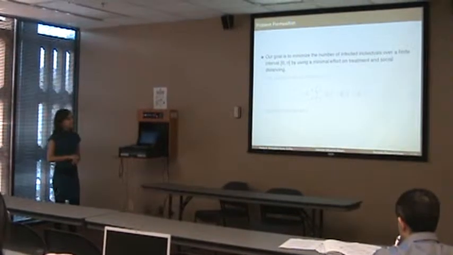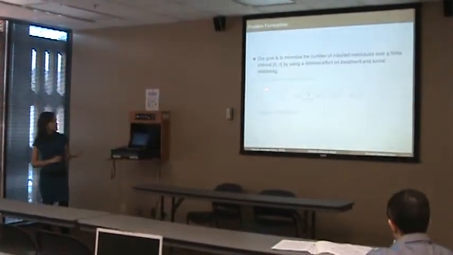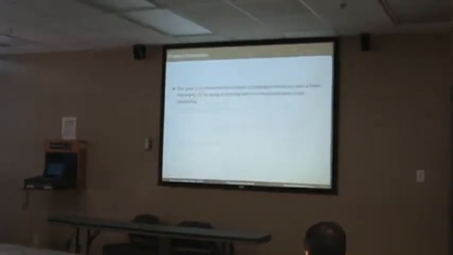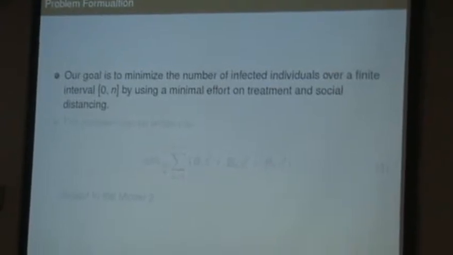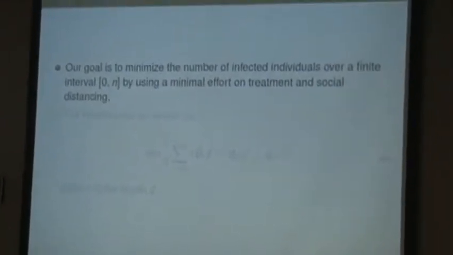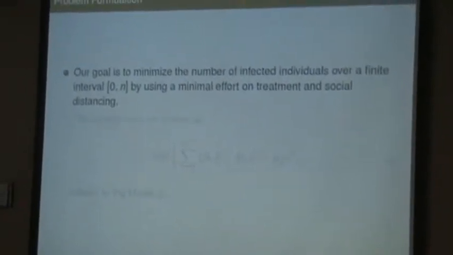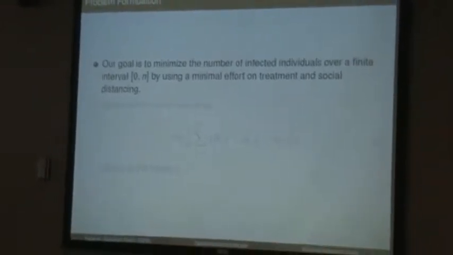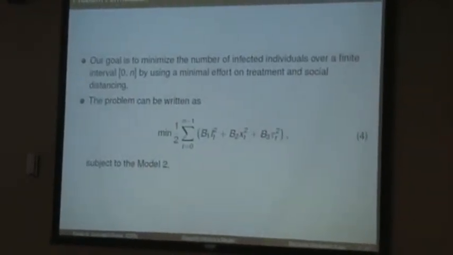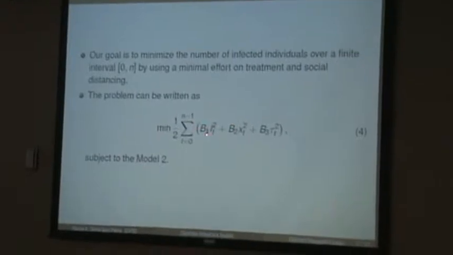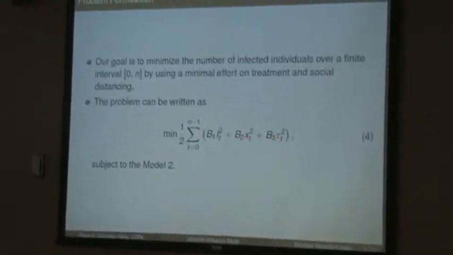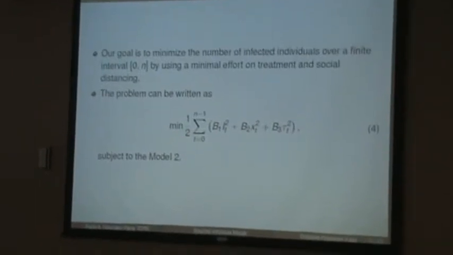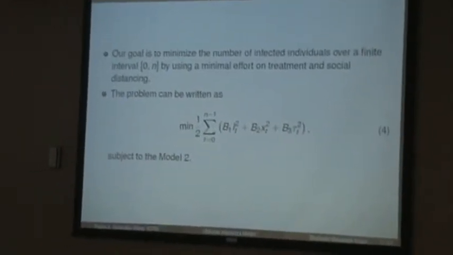So as I said before, we want to minimize the number of infected, and we are going to work in a finite interval. This n is going to be our final time. We are working with 220 days because it's more or less the time for a single outbreak. And we formulate the problem in this way. We want to minimize the number of infected, and we need a minimal effort in social distancing and treatment, because we could say that people don't have any contact.